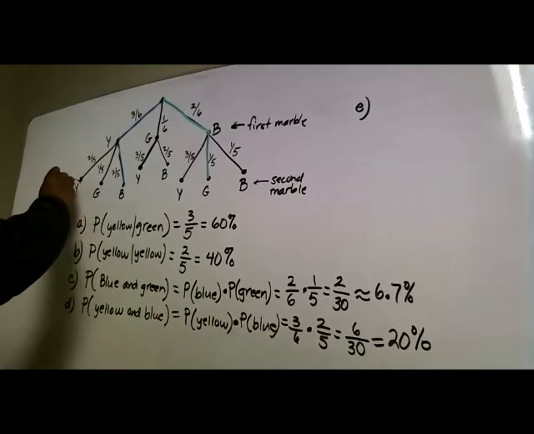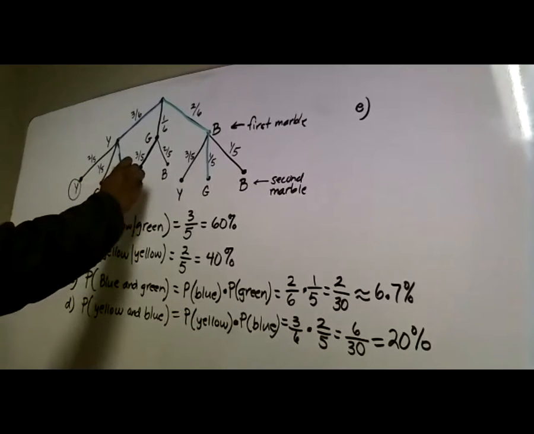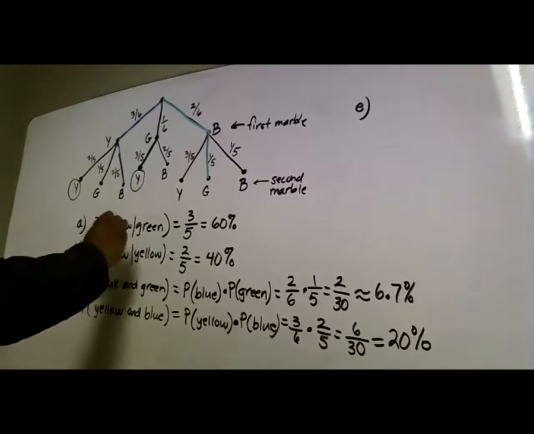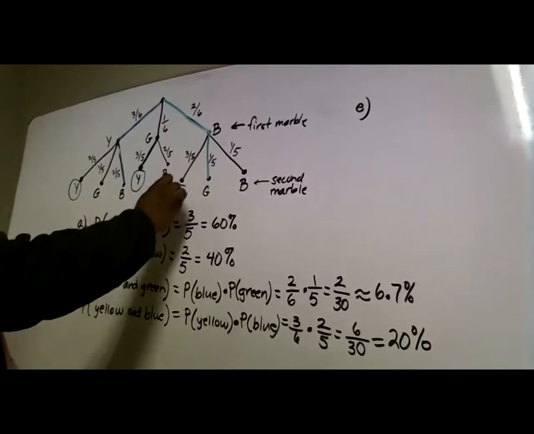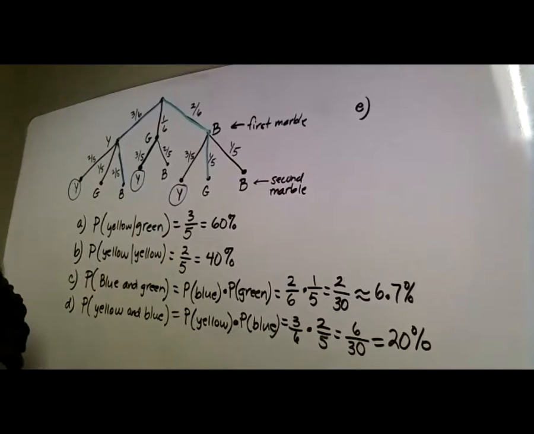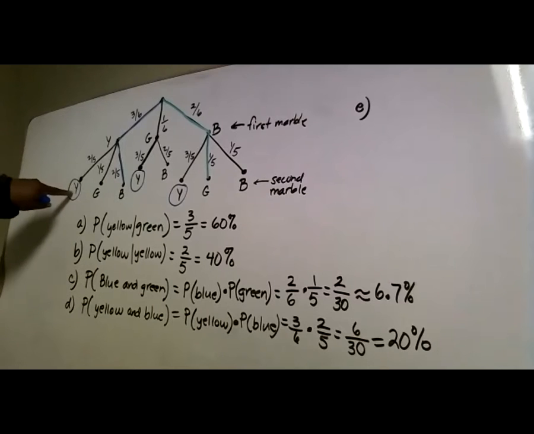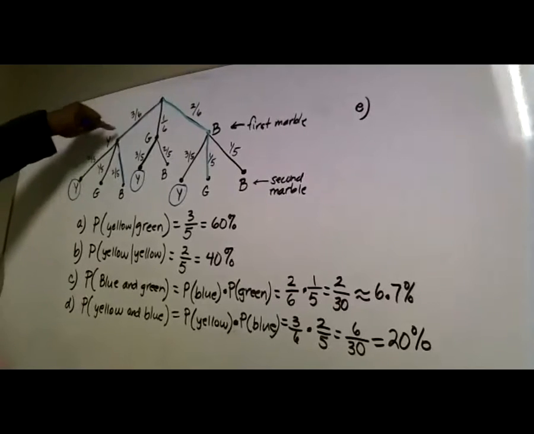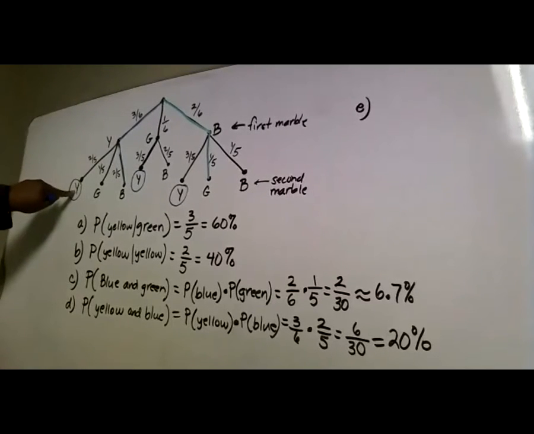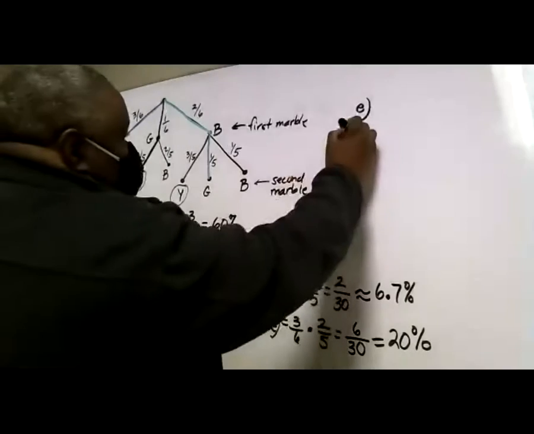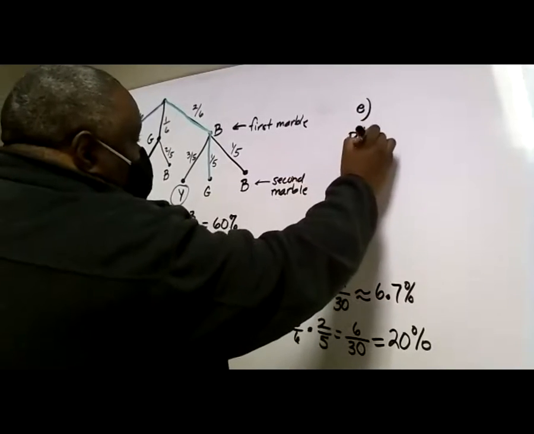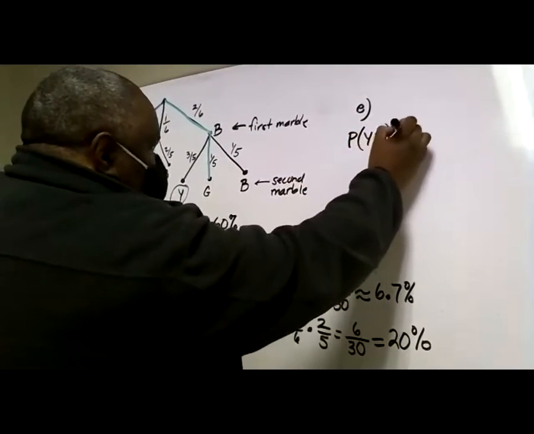We got this possibility that the second marble is yellow, this possibility, and this possibility. So now we have to look at the branches that are going to get us to the second marble being yellow. So if we start up here, we have to go from yellow to yellow. So we need to look at the probability of getting a yellow and a yellow.